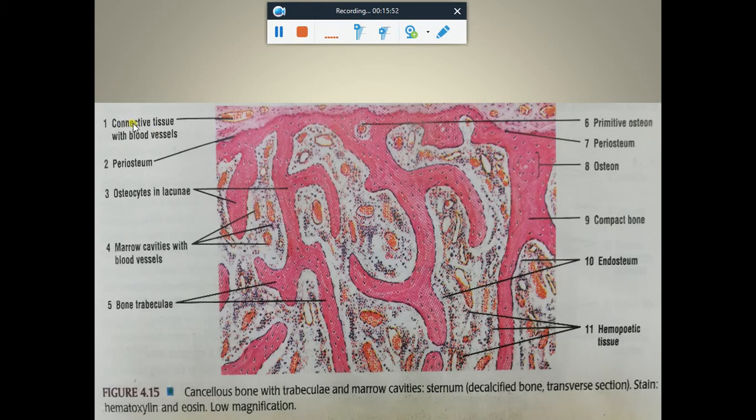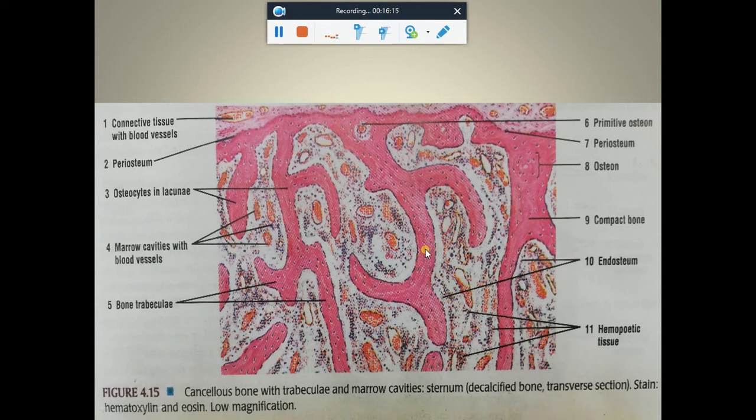So what you can see is that the pink eosinophilic appearing is the bony tissue which can be seen in the form of bony trabeculae. These bony trabeculae you can see are exhibiting this because in this region it is going to develop into an osteon, but this is the area where it is going to surround the marrow spaces.